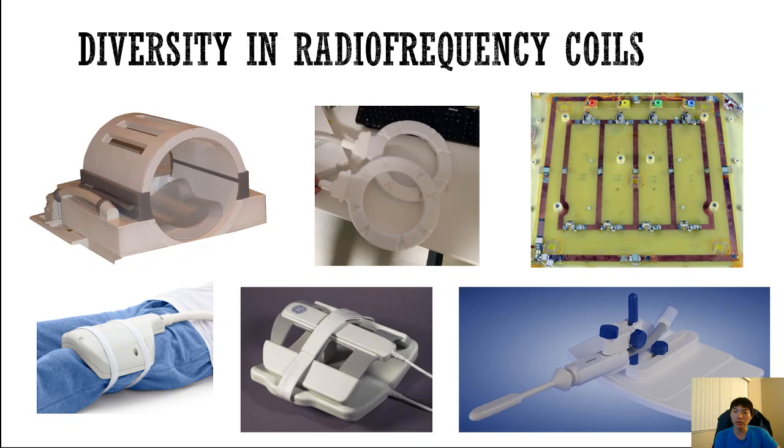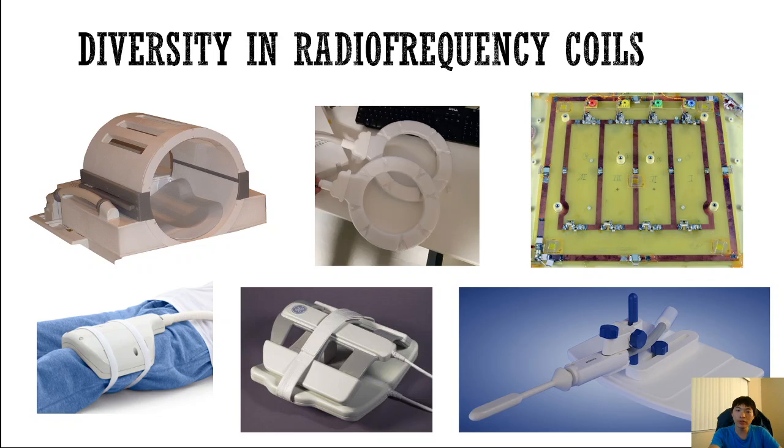This is a coil that we can insert into our body cavities. In this case, we can look at diseases such as colorectal cancer or prostate cancer. And because the coil is much closer to the anatomy that we're trying to image, it provides better signal and allows us to obtain images with higher spatial resolution.